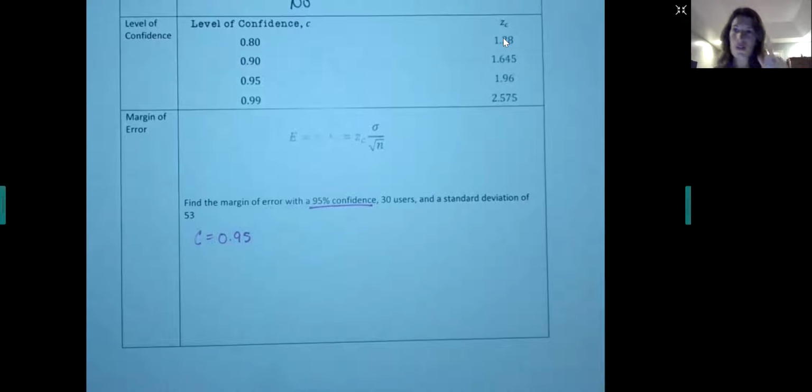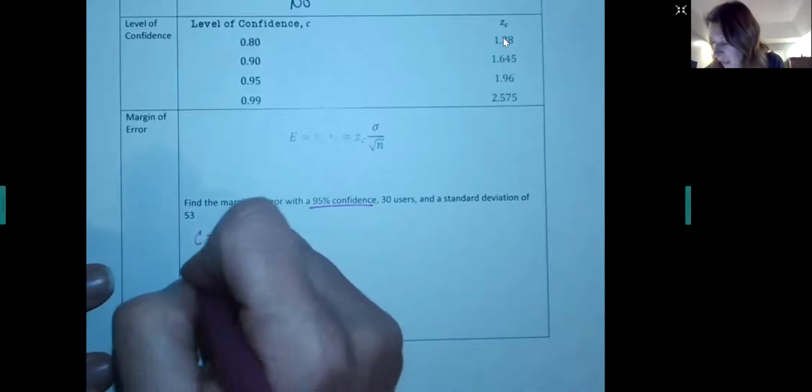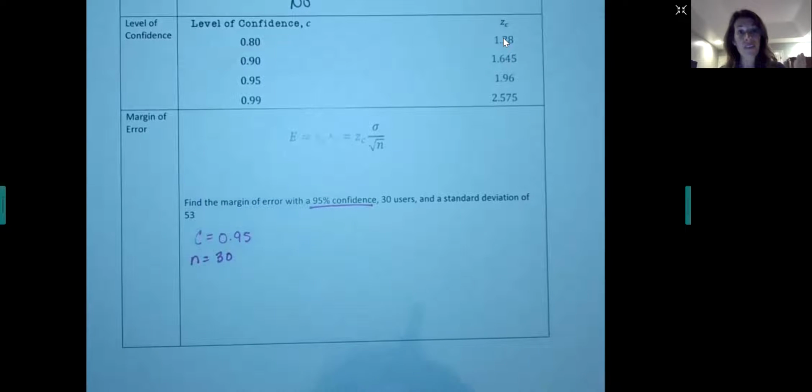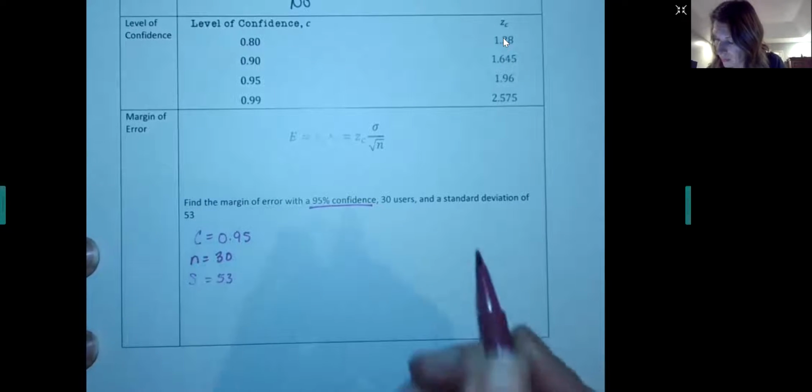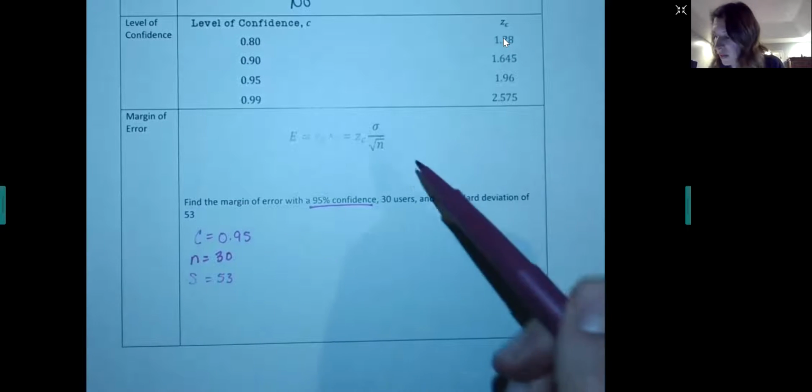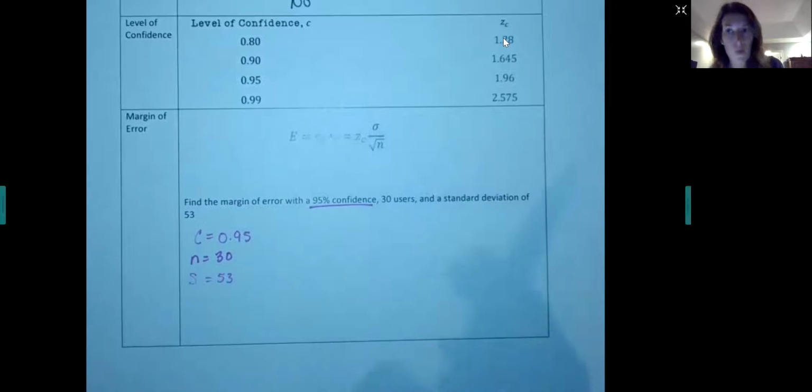I have 30 users, that's my n, the number. And I have a standard deviation of 53. Now, because it's a sample, my S is equal to 53. I can replace this population standard deviation with my sample standard deviation.